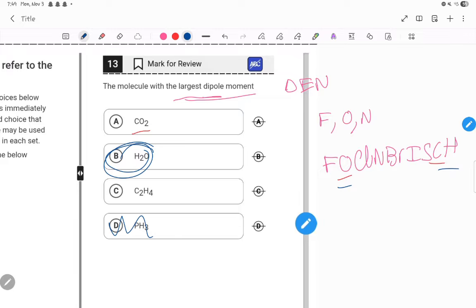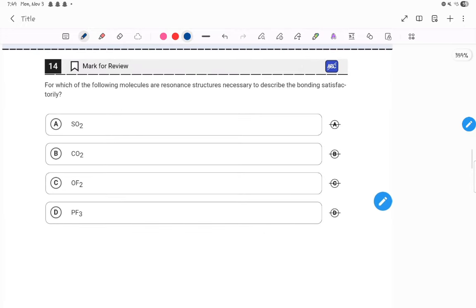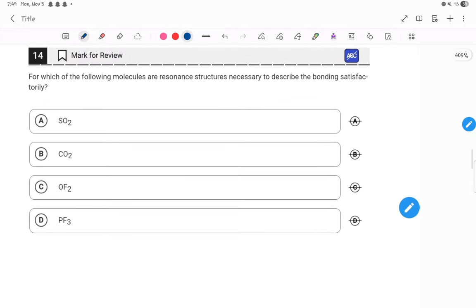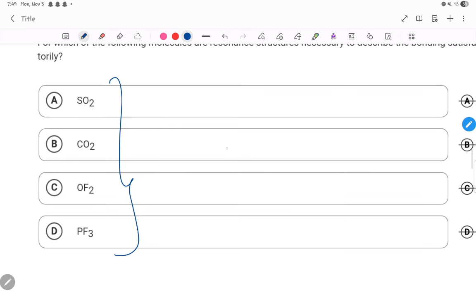That's 13. We'll now move on to 14. Which of the following molecules are resonance structures necessary to describe bonding satisfactorily? What we do in this scenario is we need to draw all of the structures. So CO2, if you draw it, it's going to be like this.